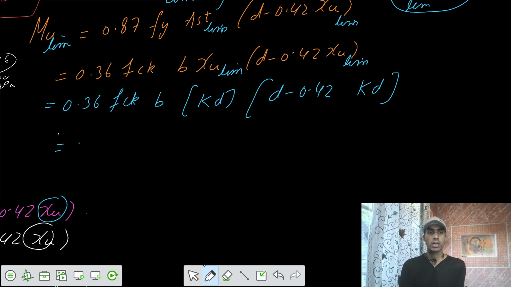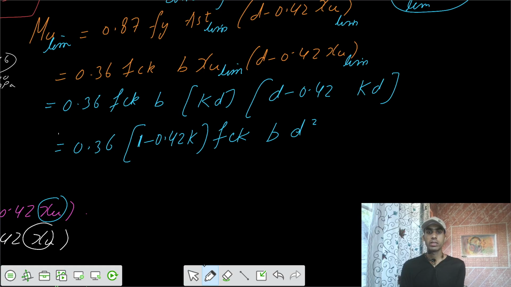If I simplify it, 0.36, we have FCK, we have B, and we have D square common. If I keep that D outside, I get here 1 minus 0.42 K. So we got this equation. And if I simplify this part, we have one more factor, that's K.